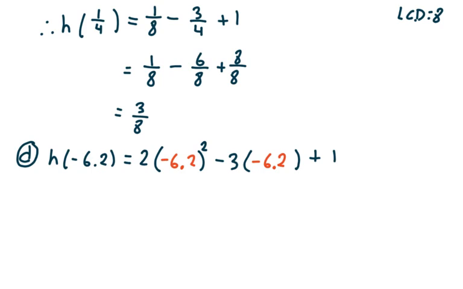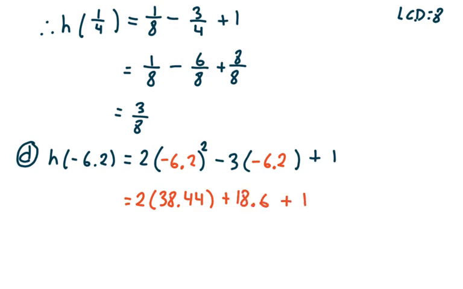Now, from here, I need to know what 6.2 times 6.2 is. And so you will need a calculator for this, right? So I'm going to take 6.2 times 6.2, and I get 38.44. So I get 2 times 38.44. Negative times a negative is a positive, and then I get 18.6.